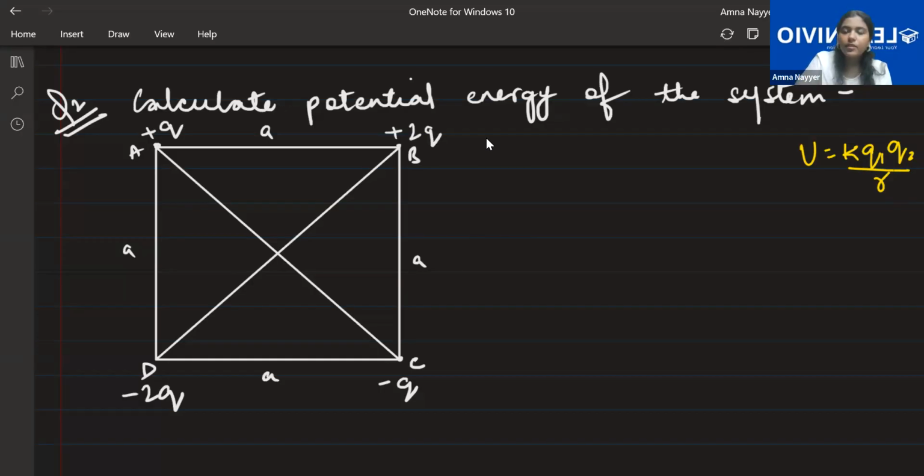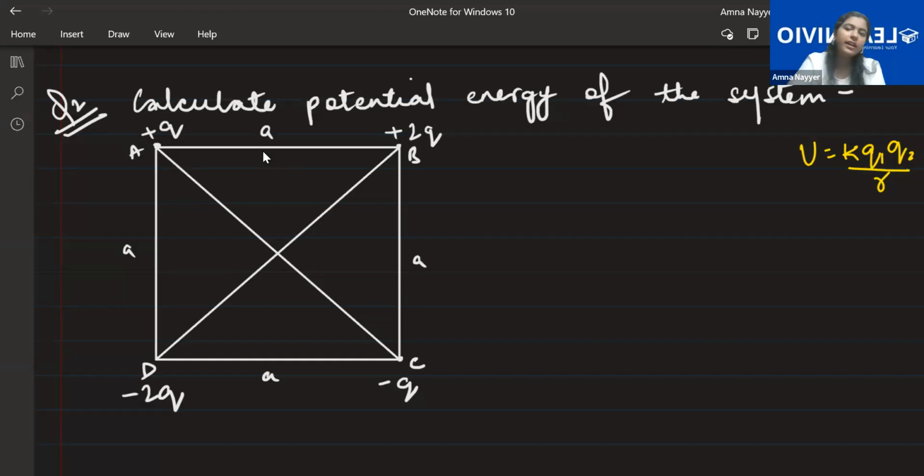So Raneem, look at this figure. Out of all the four charges, A, B, C, D, what do you think is the number of potential energies that are possible? Ma'am, since all are in opposite signs, will it be zero?